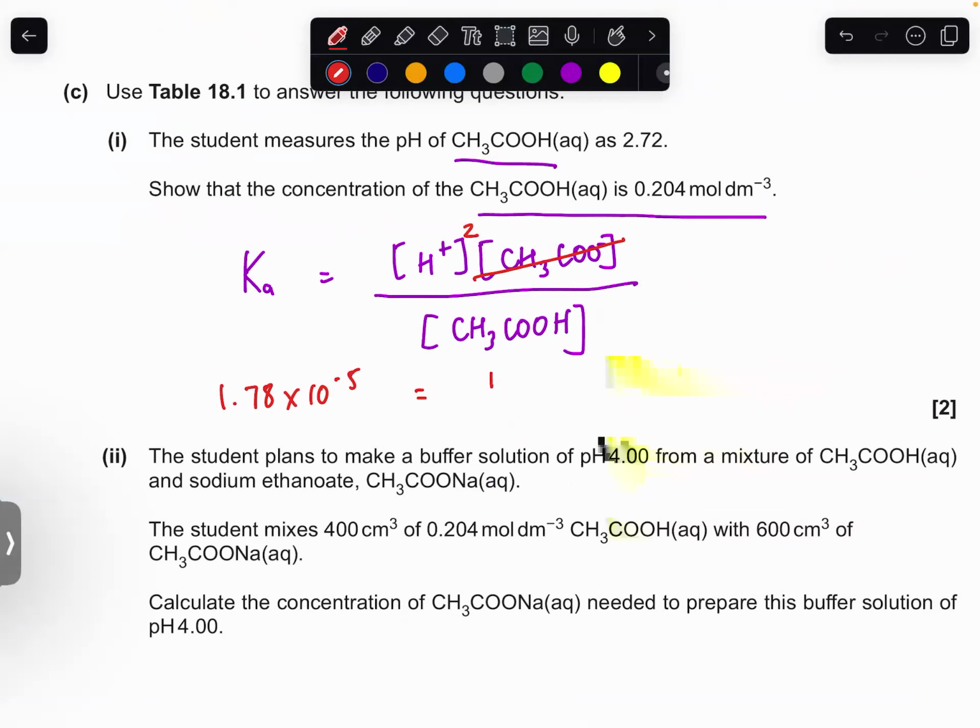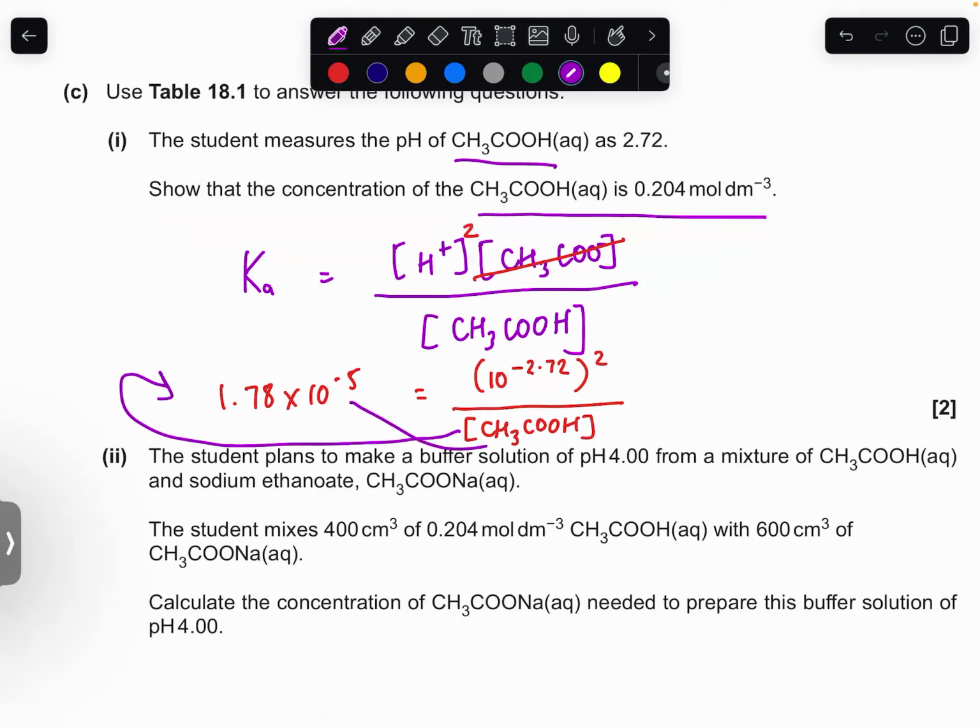We're going to use 10 to the power of minus pH, in this case 2.72, and whatever the answer is, we square it and divide that by the concentration we're trying to work out. That completes the expression. So we can bring that up here and then bring that down there.